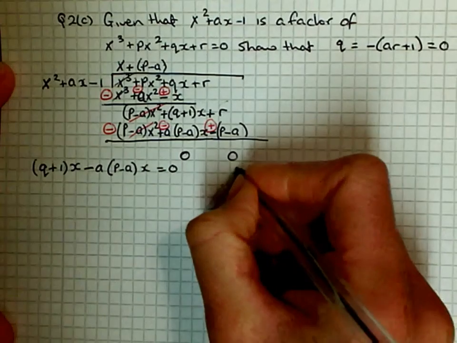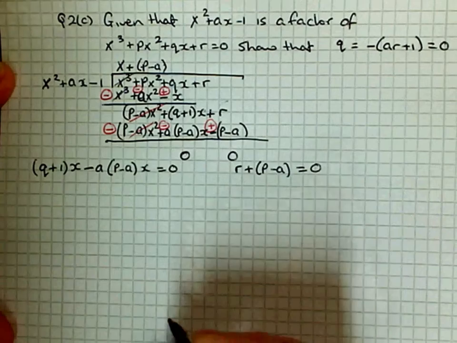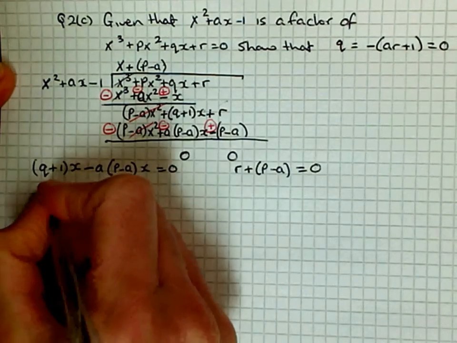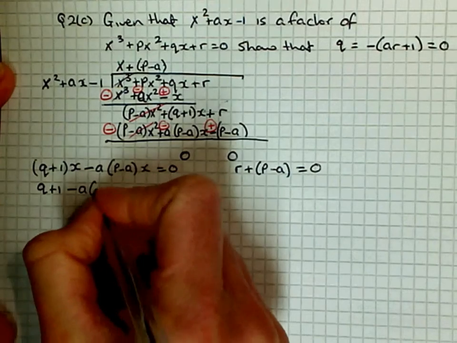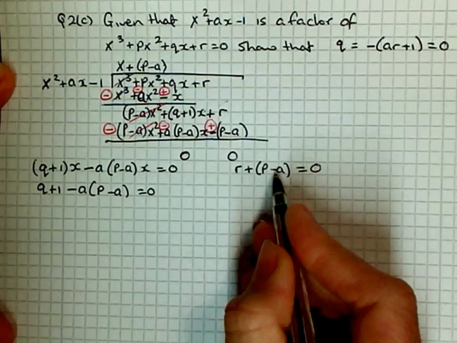And then on the other side I'm going to have r plus (p minus a) is equal to 0. So I'm just going to get rid of the x's the whole way across. So q plus 1 minus a (p minus a) is equal to 0, and that one there is fine.